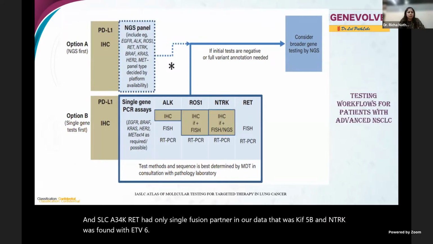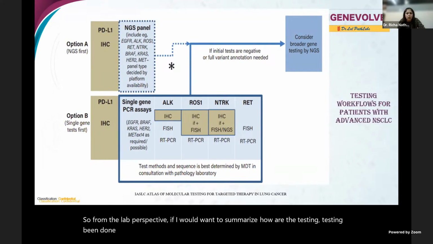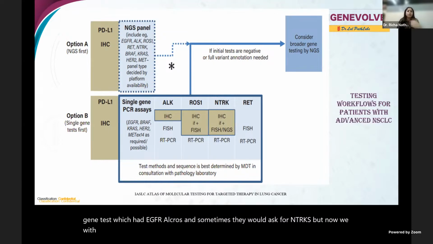So from the lab perspective, if I want to summarize how the testing is being done for non-small cell, there is a paradigm shift. Earlier, it used to be only single gene tests, which had EGFR and ROS, and sometimes they would ask for NTRK, and PDL1 of course. But now NGS is the first option, with a broader panel.